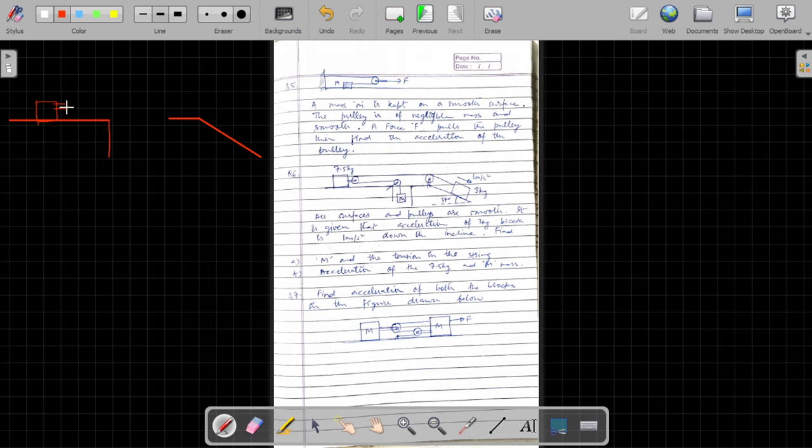So the block is connected via a pulley to the system. So let us say this pulley is somewhat like this. And this is the block of mass m.